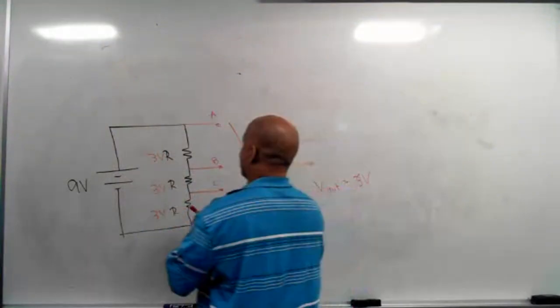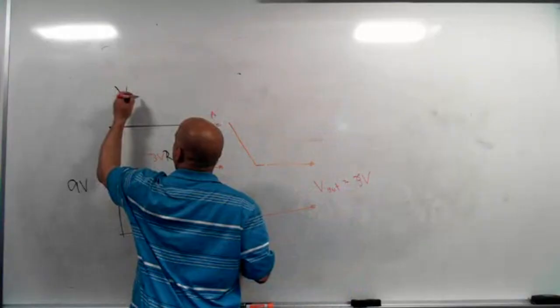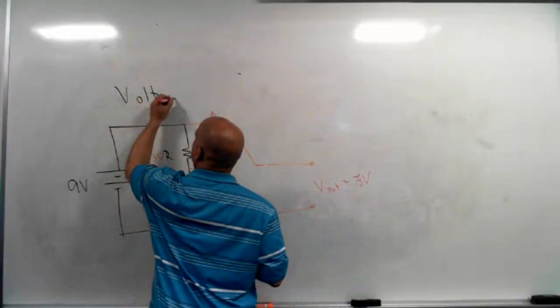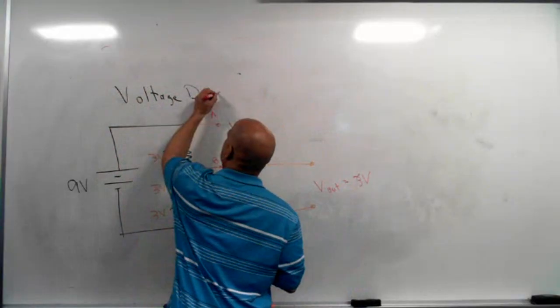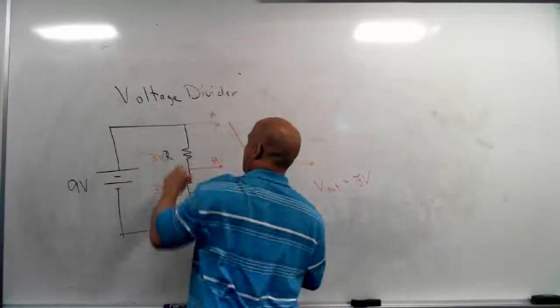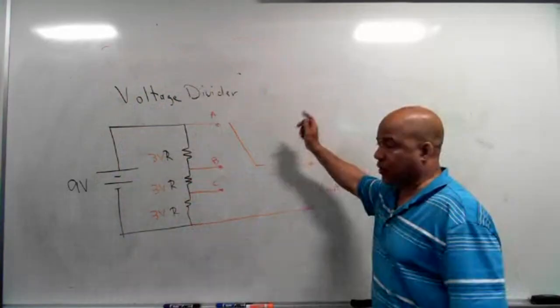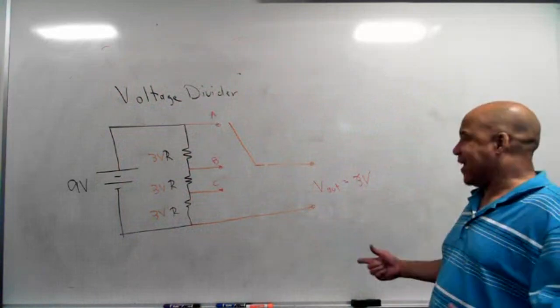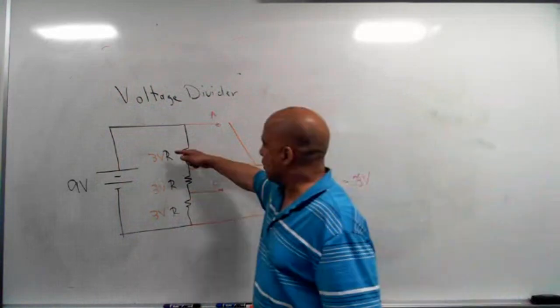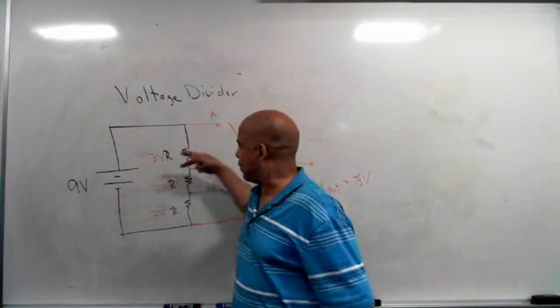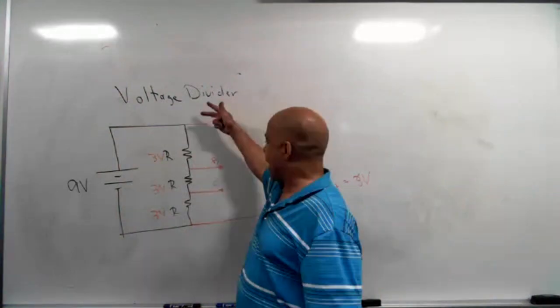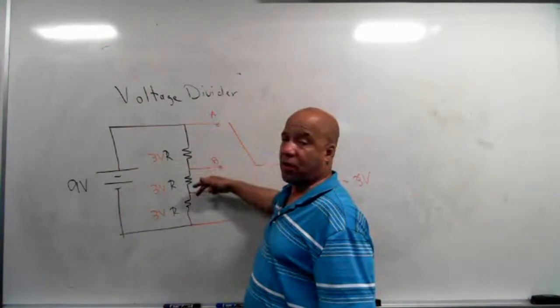This is called a voltage divider. The resistors divide the voltage up, and you can use those voltages to do something. Now, on this one, I used all equal resistors, so I got a third, a third, a third. If I have 4 equal resistors, it'll be a fourth, a fourth, a fourth, a fourth.